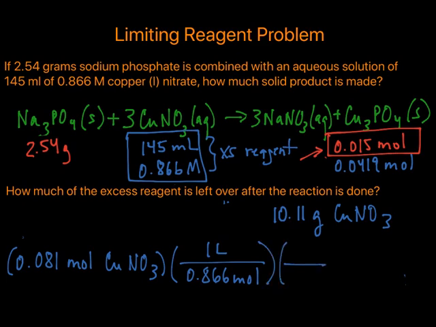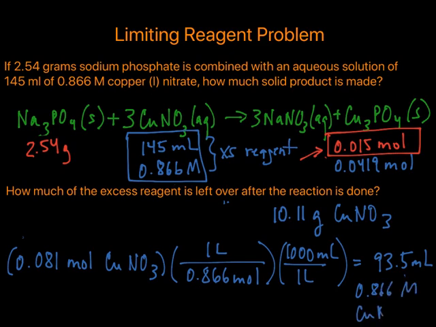Let's go ahead and change the liters into milliliters, since usually the teacher wants it in milliliters. If we do this calculation, we have volume in milliliters, which comes out to be 93.5 milliliters of our solution of 0.866 molar copper nitrate.